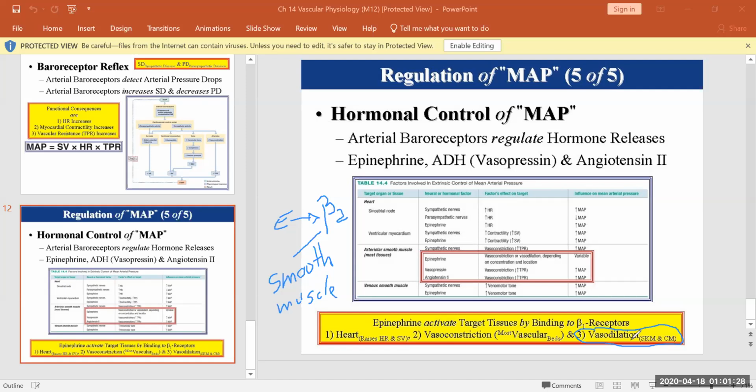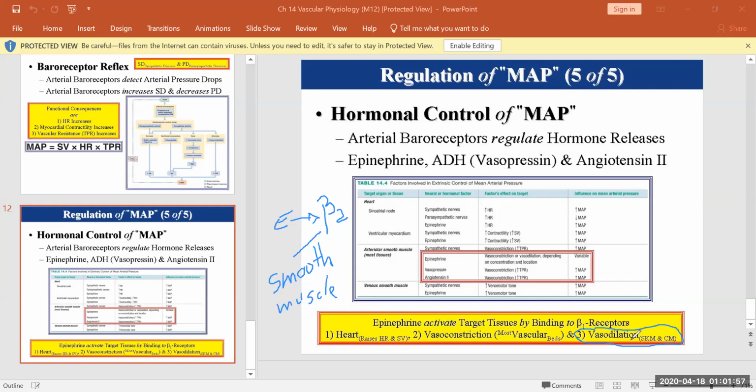It makes sense because you're under emergency situations, your skeletal muscle must be ready for action, right? Fight or flight. Either you fight or you run away. So you need energy. If you need energy, you need more ATP, more oxygen, and more glucose being delivered.